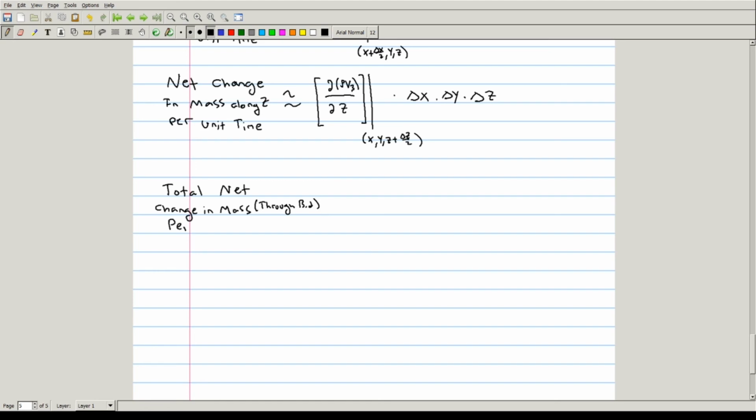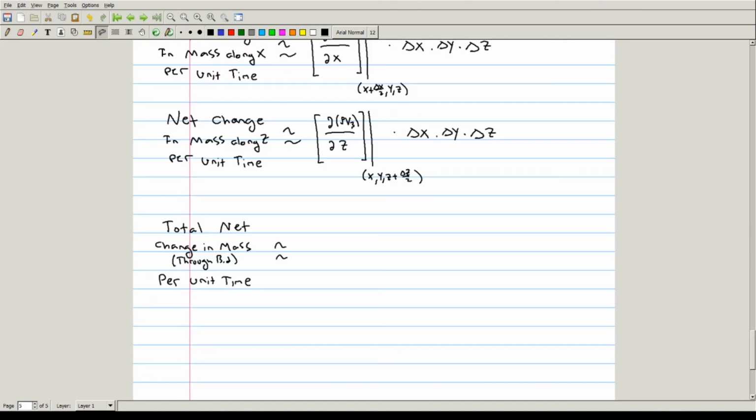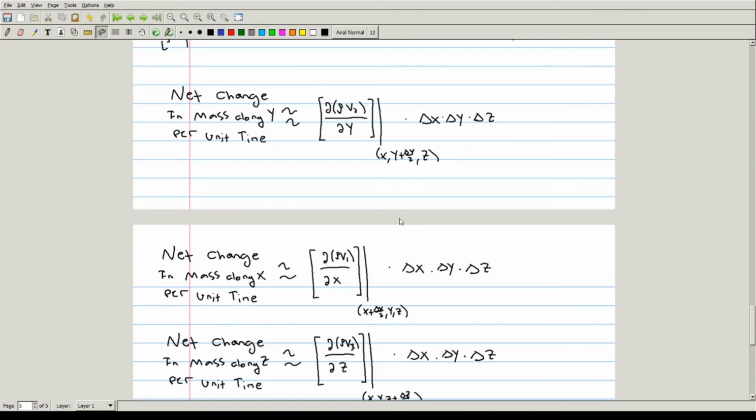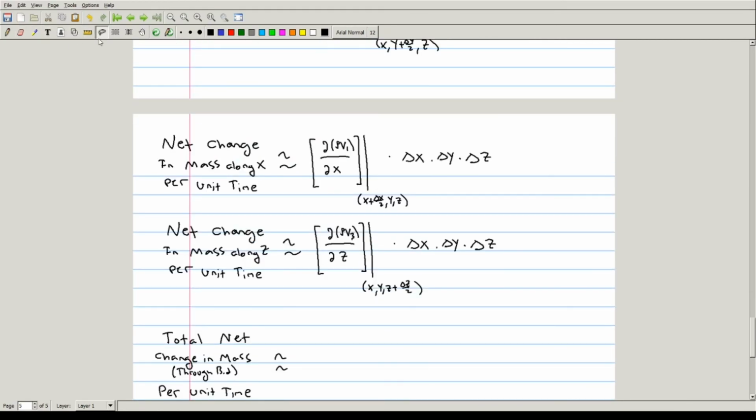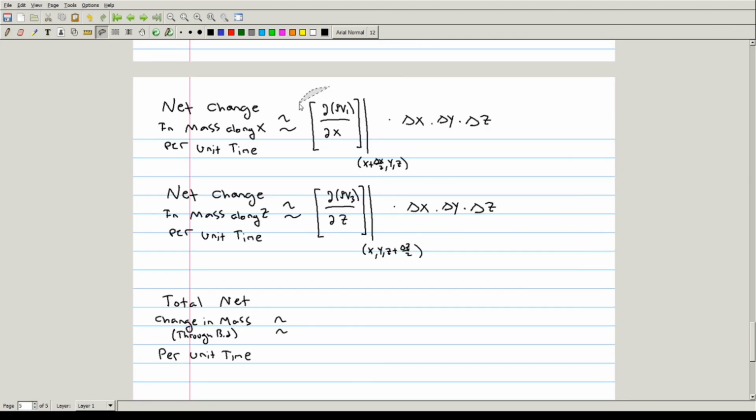This is also per unit time. Is going to be the following. It's the sum of these three quantities. So the total net change in mass through the boundary per unit time is going to be the x partial derivative here.